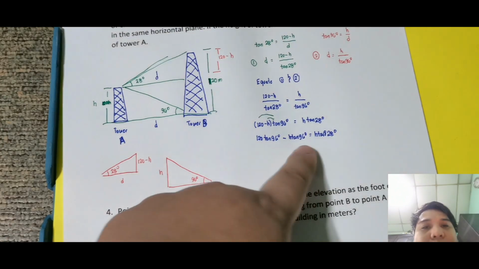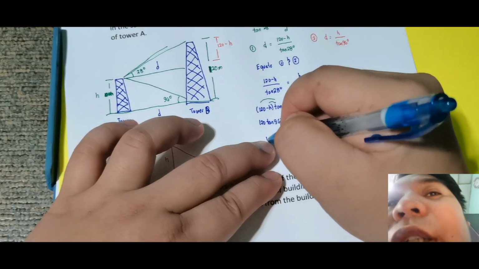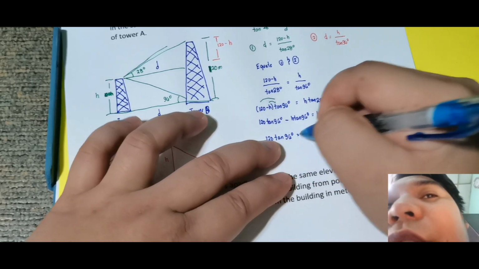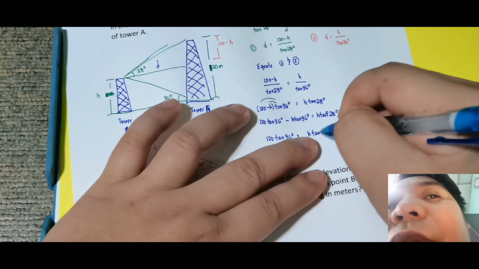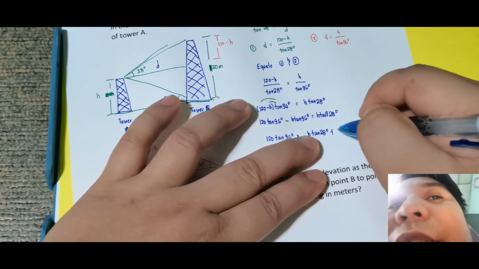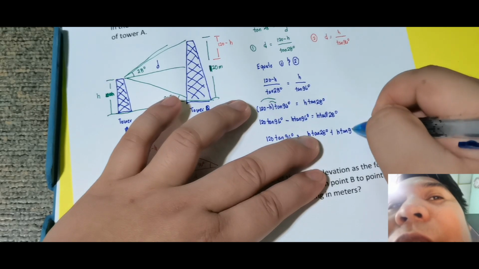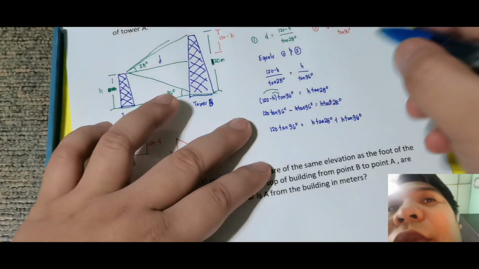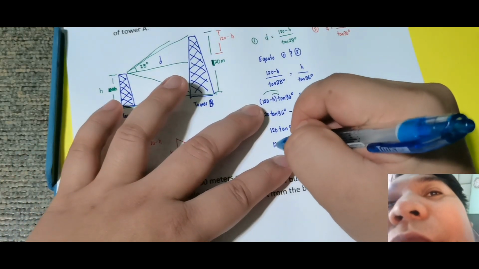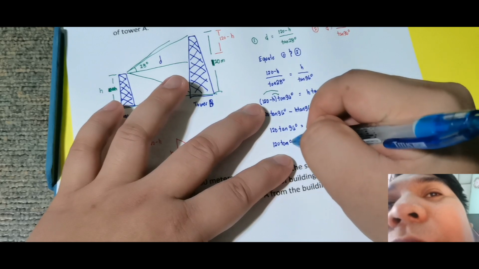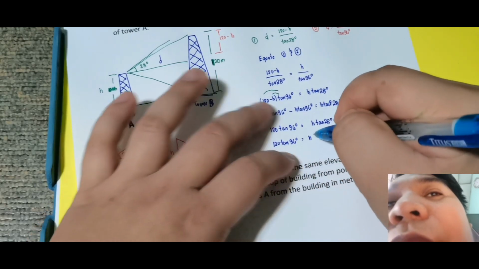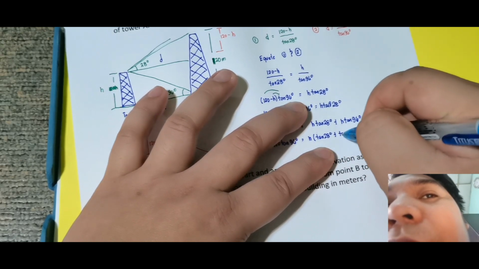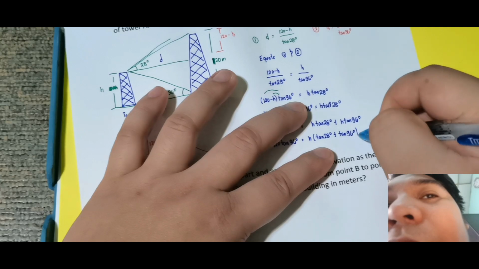Next, we transpose: 120 tangent 96 degrees is equal to h tangent 28 degrees plus h tangent 96 degrees. Then factor out h: 120 tangent 96 degrees is equal to h times tangent 28 degrees plus tangent 96 degrees.